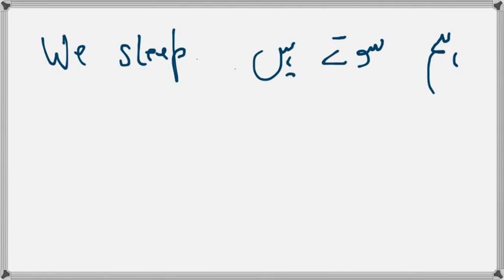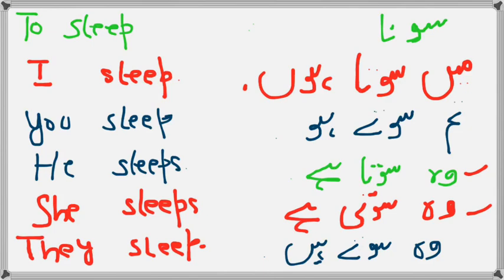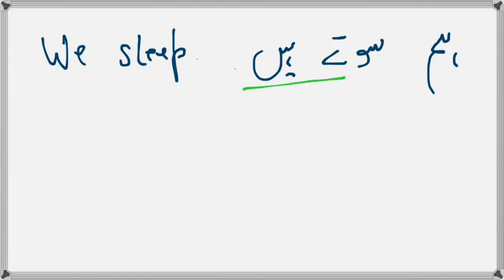So, as we have noticed, at the end of the phrase, depending upon the pronoun, we get ता हूँ, ते हो, ता है, ती है, ते हैं.